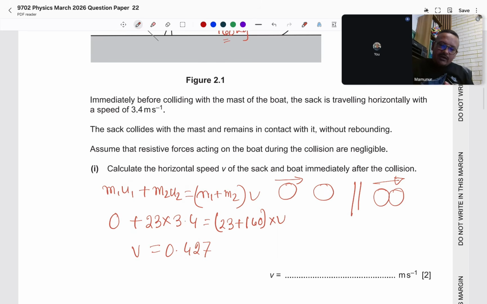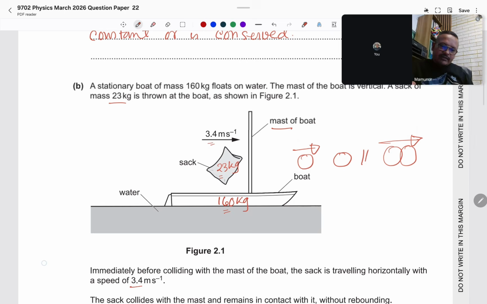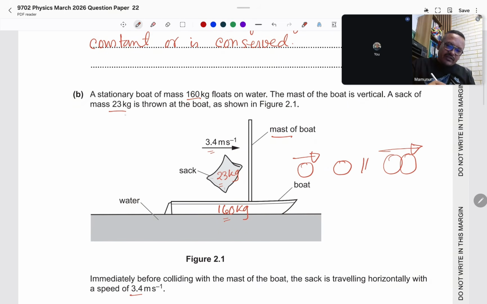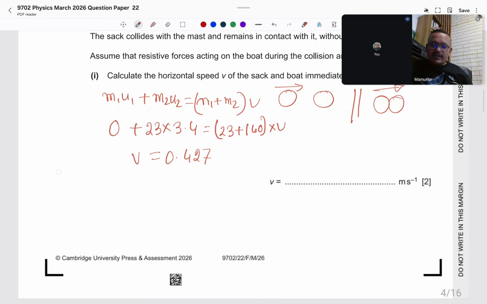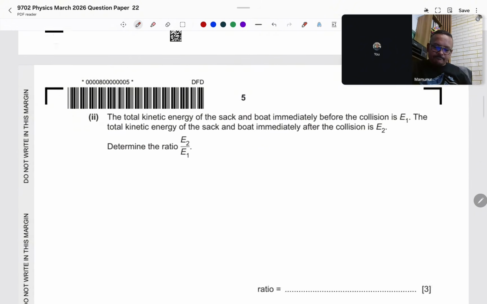See one important thing: 3.4 is two significant figures, 160 is two significant figures, and 23 kg is two significant figures. So the answer must be two significant figures, and the answer will be 0.43 meter per second.